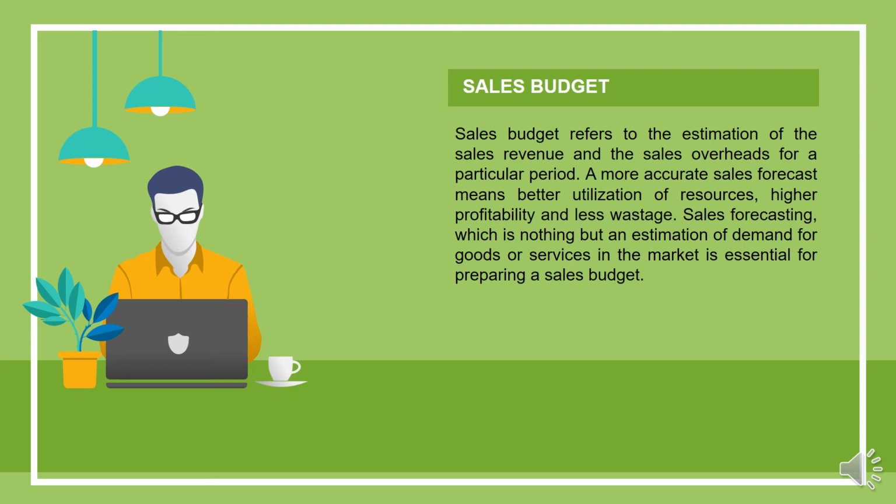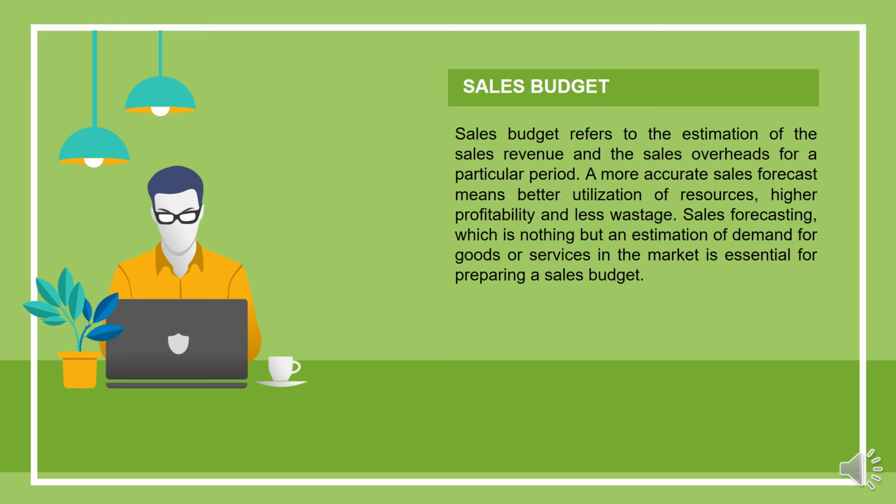Sales budget is an important part of the overall budget of the business. It helps to prepare other types of budgets. Sales budget is prepared by the sales department with the assistance of other departments under the guidance of top management or top officials.